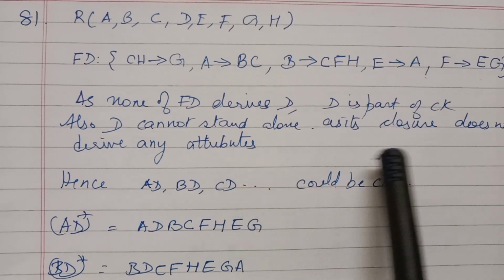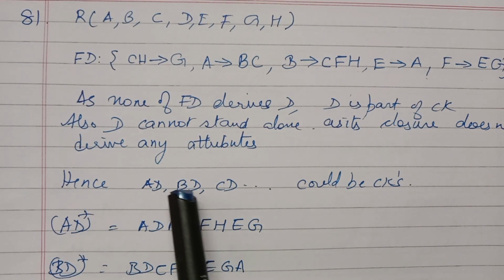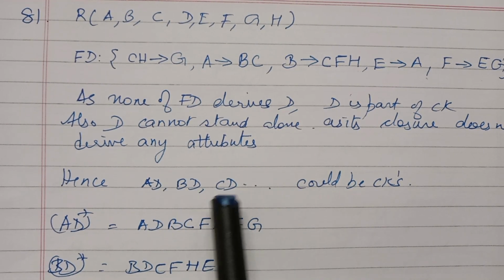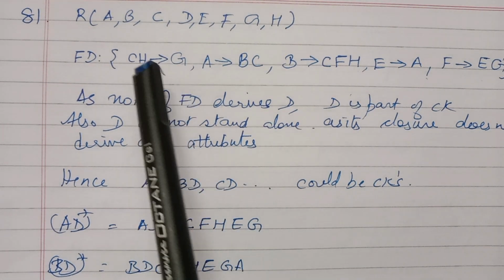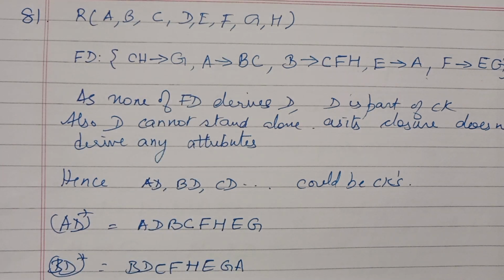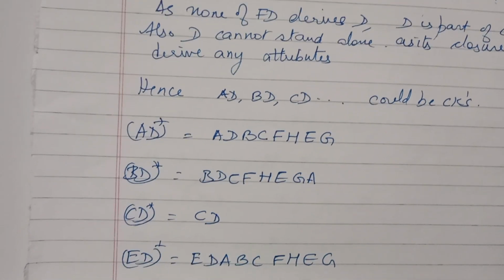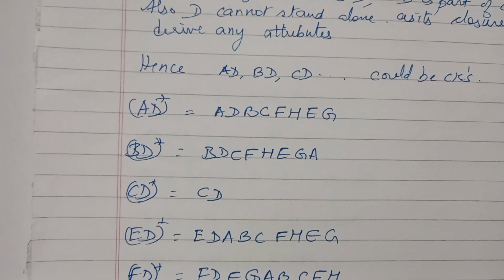So what are the possible candidate keys that can occur? It can be AD, BD, CD, ED, FD, GD, and HD. Let us see the closure of each and every one.